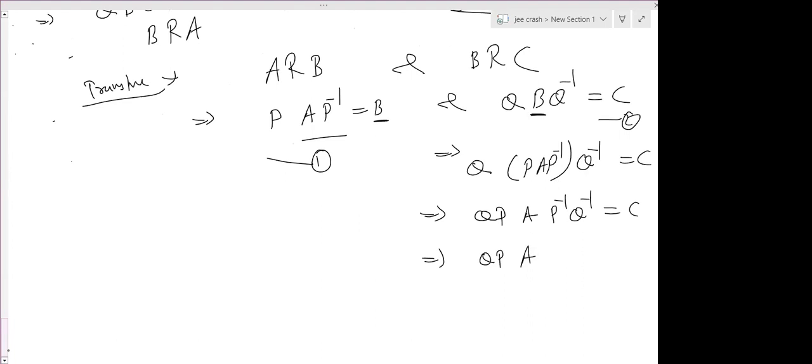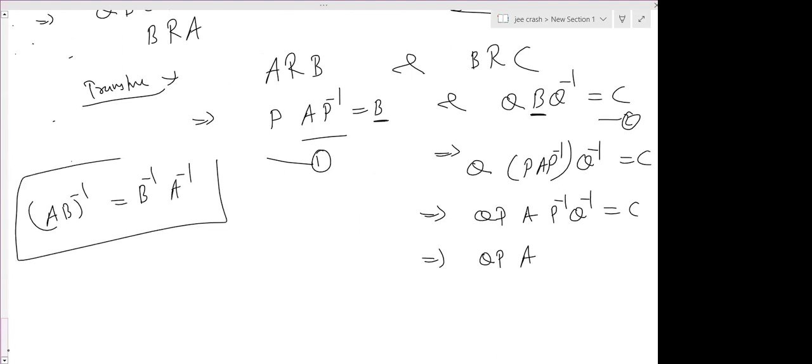Now Q P A, and remember one thing: the inverse of A B is B inverse A inverse. This is a property of matrices. If you take the inverse of A times B matrix, this becomes B inverse A inverse. I'll write it down, a very important property. I believe you already did this in the last class. So what I can write is Q P A, and this is Q P inverse using this property.